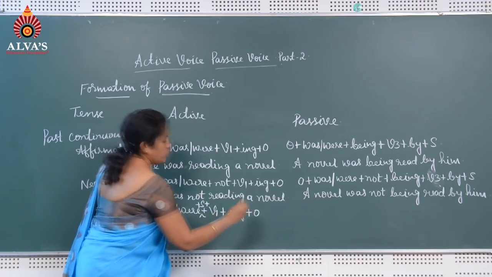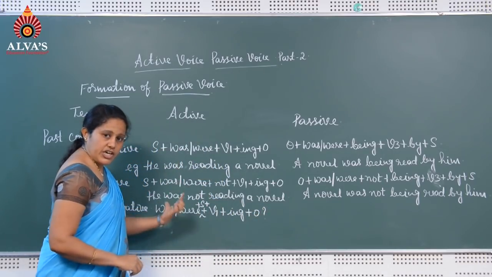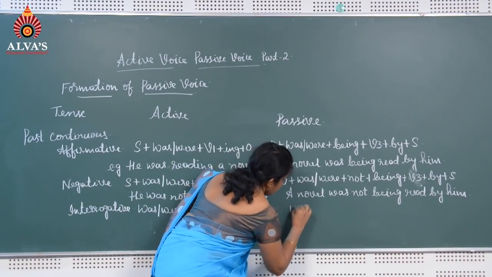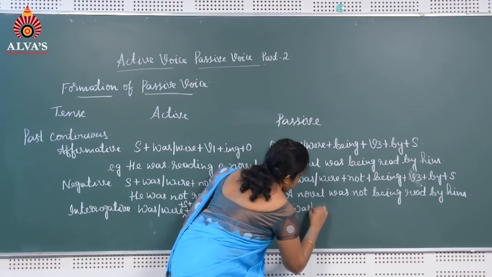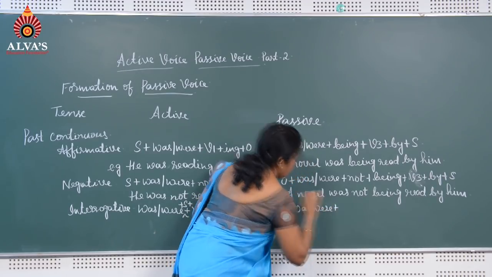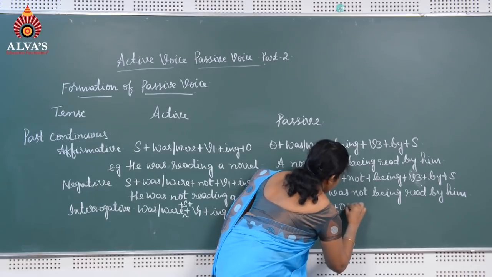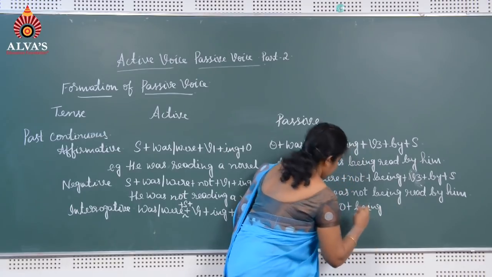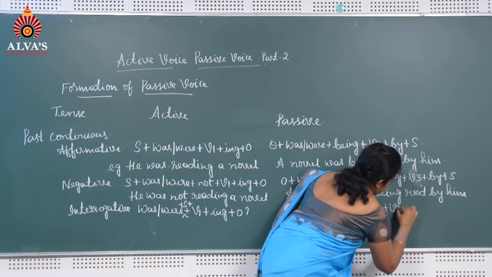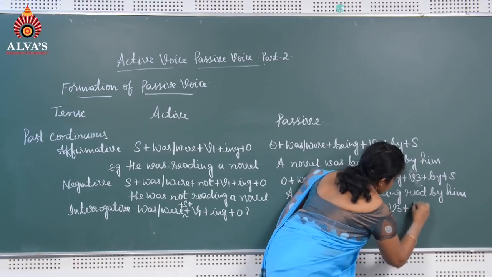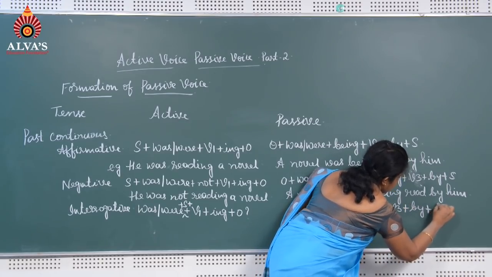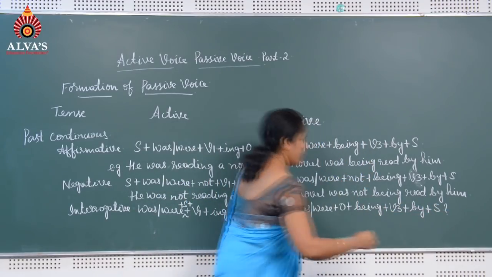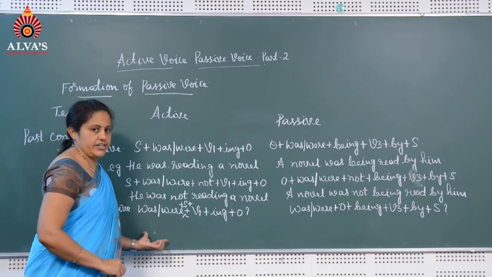There should be a question mark. When we change from active to passive, the formula is was or were plus object plus being plus V3 form of the verb plus by plus a subject. And there should be a question mark here, because this is an interrogative sentence.